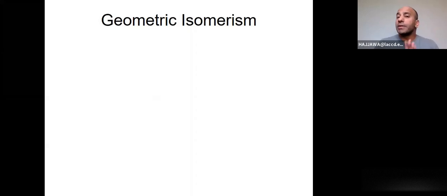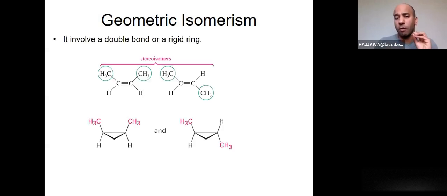Back to the other type of stereoisomerism, which is geometric isomerism. This refers to two molecules that have the same chemical formula, same connectivity, but different arrangement in space. But what kind of arrangement? Cis and trans.